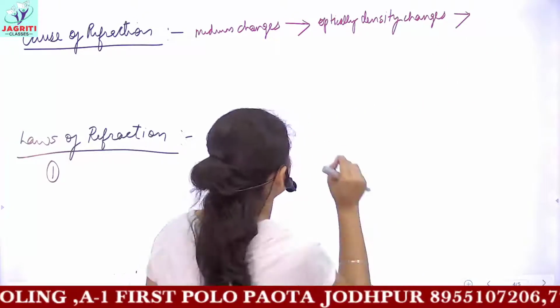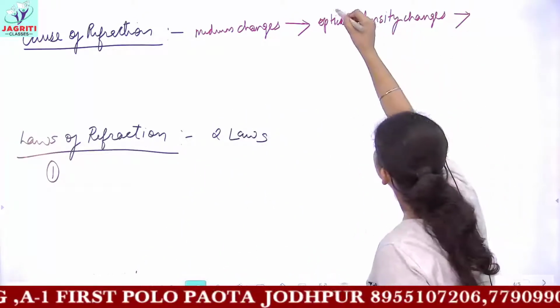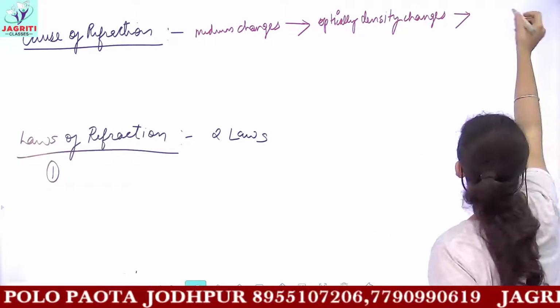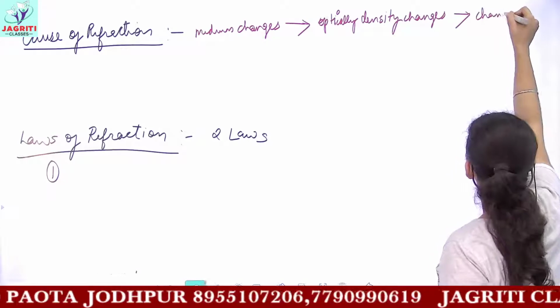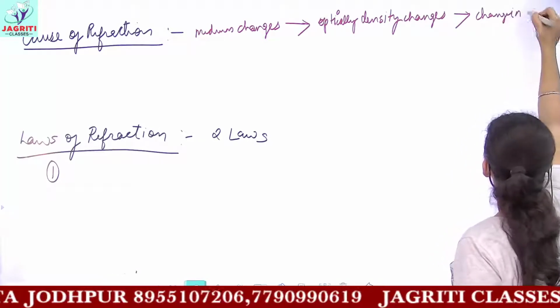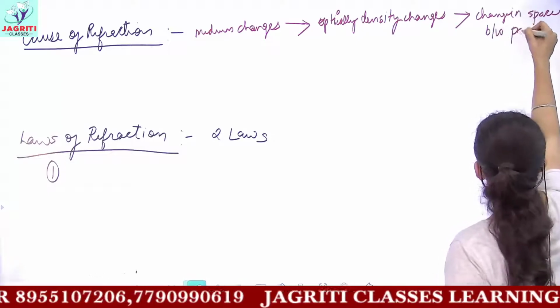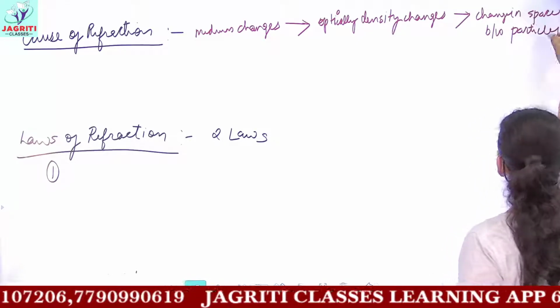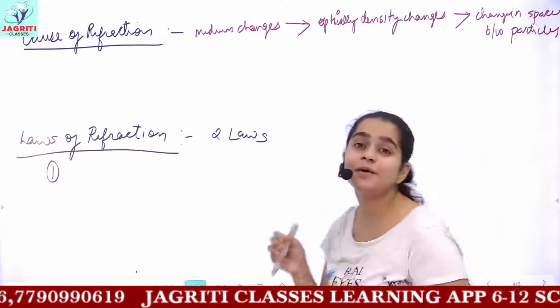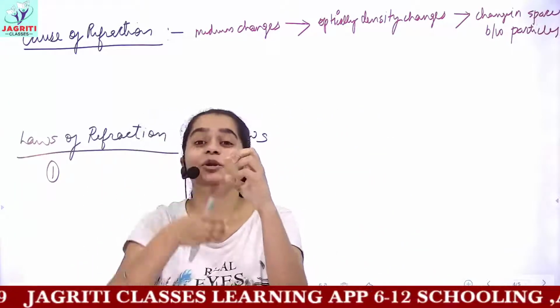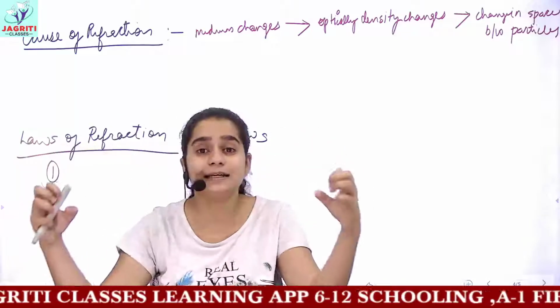And in simple words, you can understand that with the change in optical density, there is a change in the intermolecular space between the particles. Whenever the medium changes, the intermolecular space present between the particles is either increasing or decreasing.